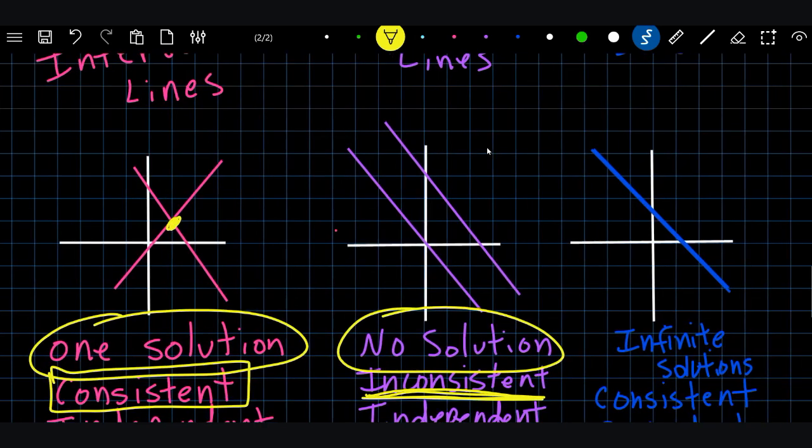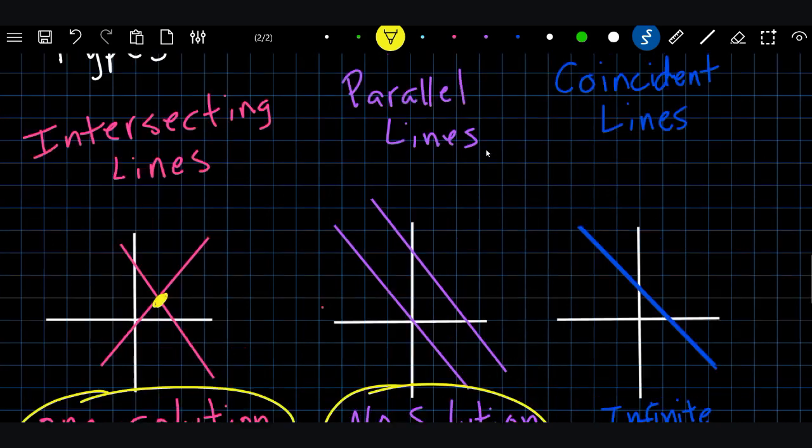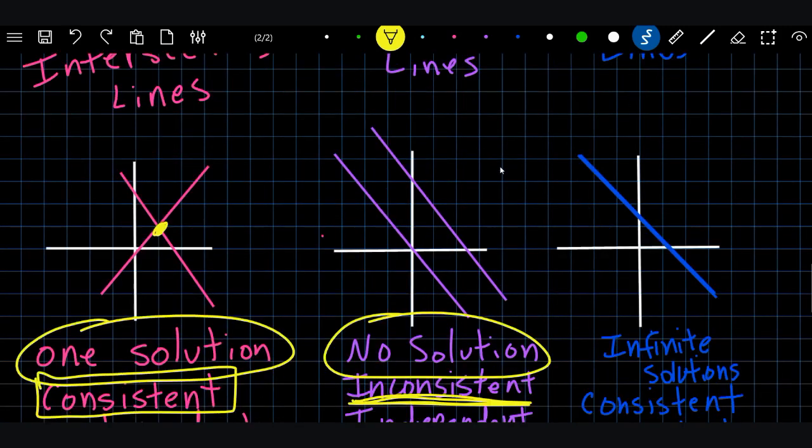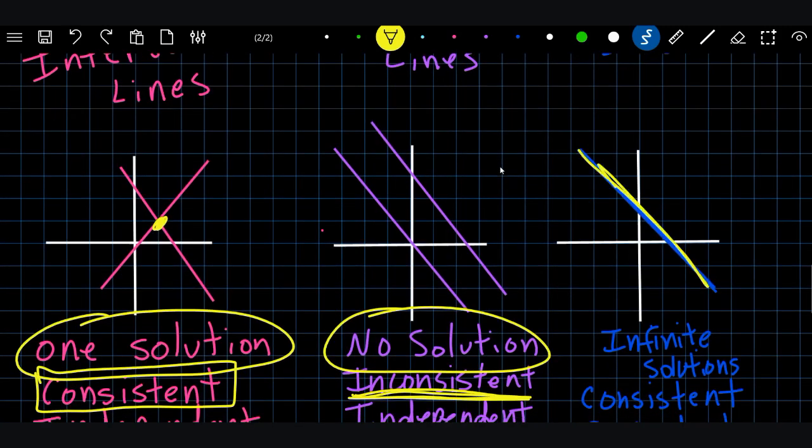The last one over here is called coincident. Coincident lines. Now this is going to be a new term for you. I know you know intersecting, I know you know parallel, but coincident. What does that mean? Notice that the lines are right on top of each other. There's 2 lines there. Okay? Sometimes the equation will give you the exact same line.